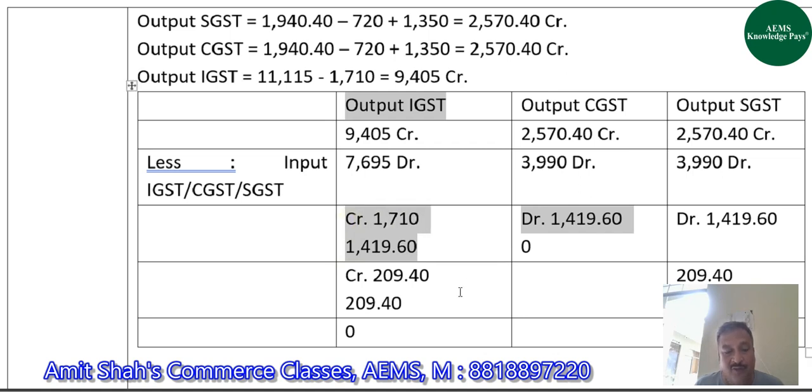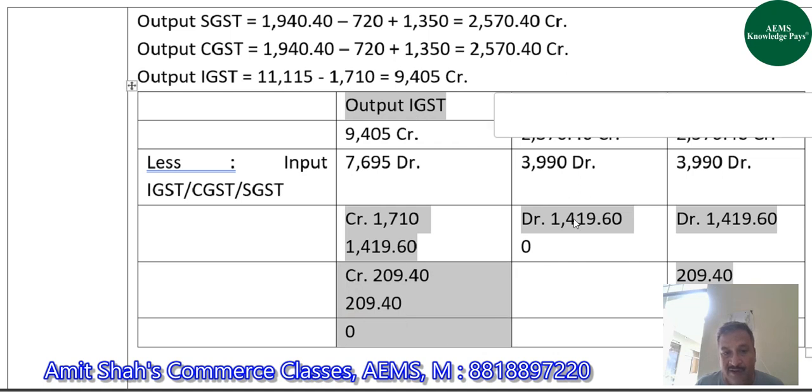liability of output IGST of rupees 1,710. After adjusting again, we still have liability of 209.4. So to adjust this liability, we took 209.4 from input SGST account. So this is how now we have no liability left for output IGST.